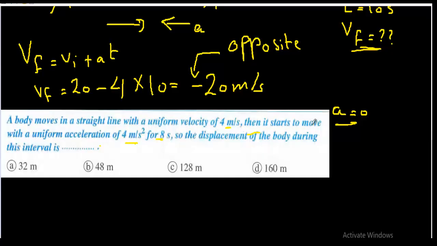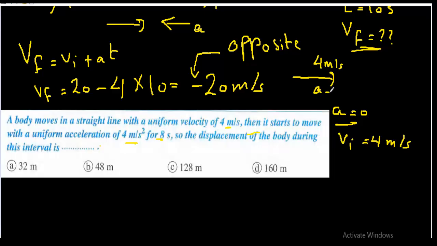So we have here initial velocity of 4 meters per second, because we will start from this velocity, since he mentioned that the body was moving with uniform velocity of 4 meters per second.